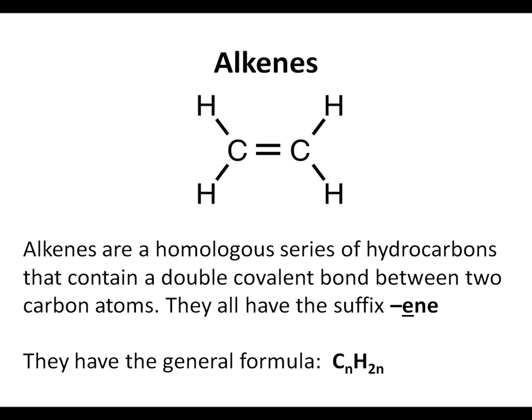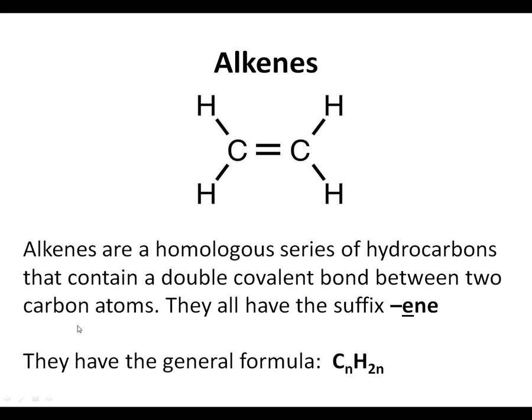Okay, this video tutorial is going to be a little bit of an introduction to alkenes. Alkenes are also a homologous series of hydrocarbons, so molecules that contain hydrogen and carbon, or organic compounds. They essentially contain a double bond, or a double covalent bond, between two of the carbon atoms.